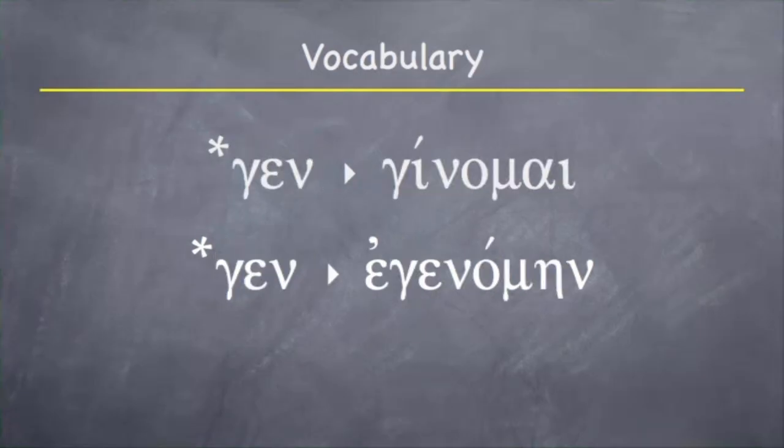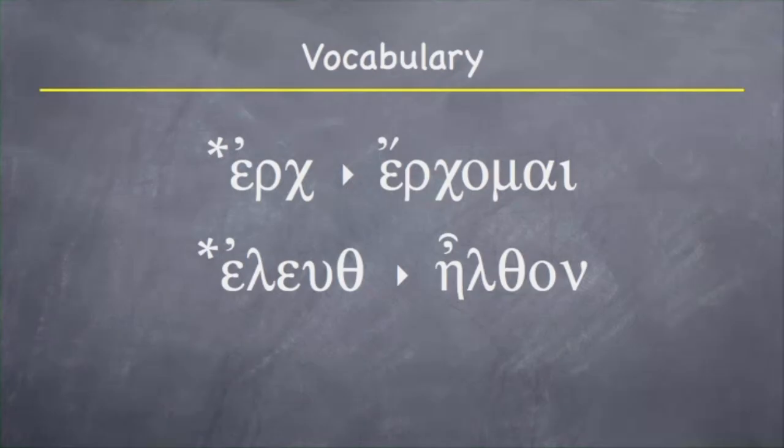We've already talked about ginomai. It's from the root gen, and it's got a second aorist middle deponent, and you end up with egenomen, but the point being it's the epsilon from the root that appears in the second aorist stem. If I could skip ahead to the previous word section, one of the words that we learned earlier was erchomai. It's from the root erch. Erchomai actually uses a totally different stem in the formation of its aorist.